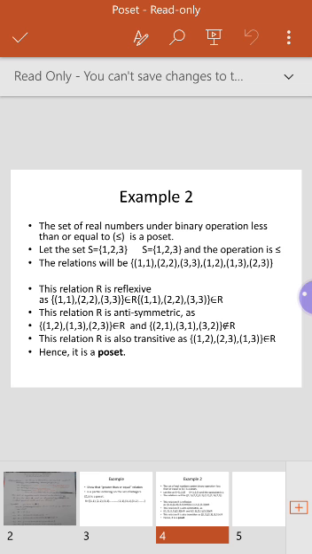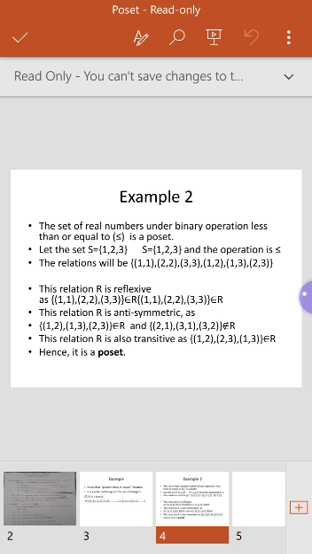And (2,3) will be there, 2 is less than 3. Any element left? No. (3,1) cannot be there because 3 is greater than 1, and the relation we have is less than or equal to.